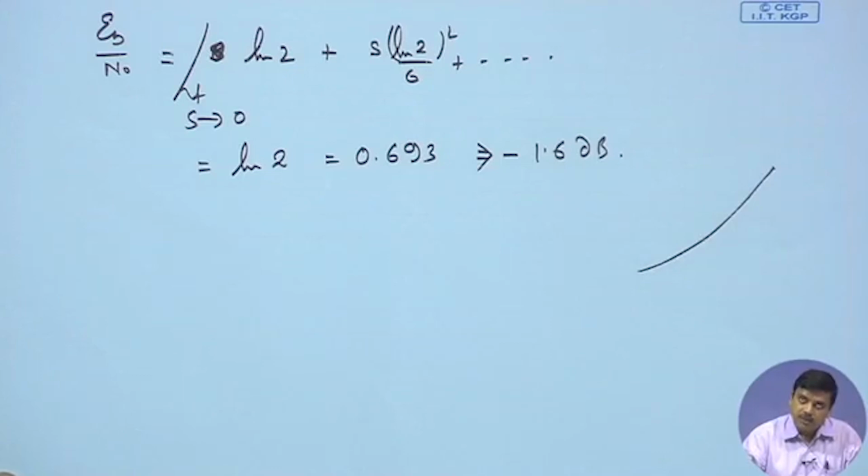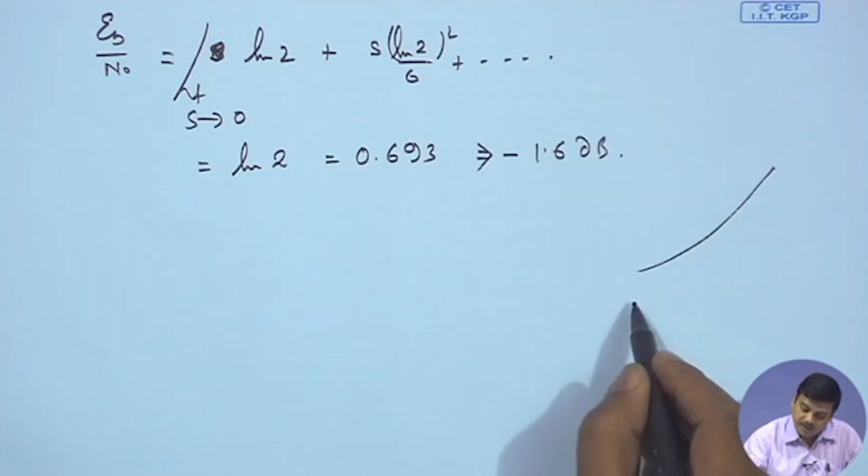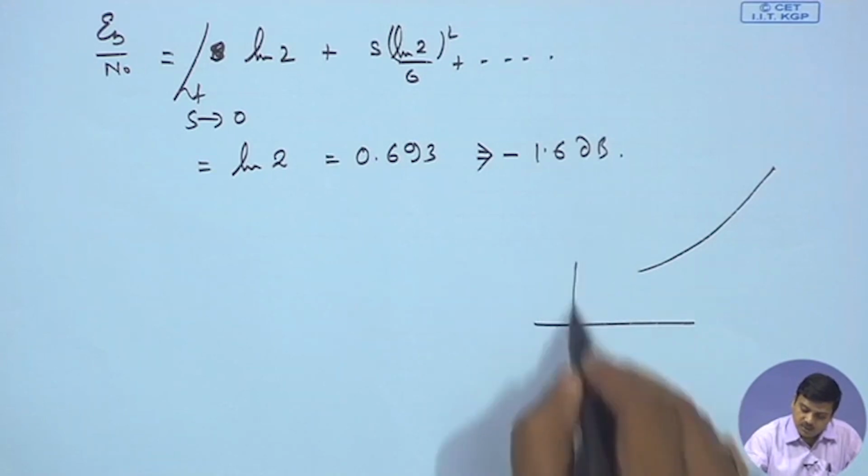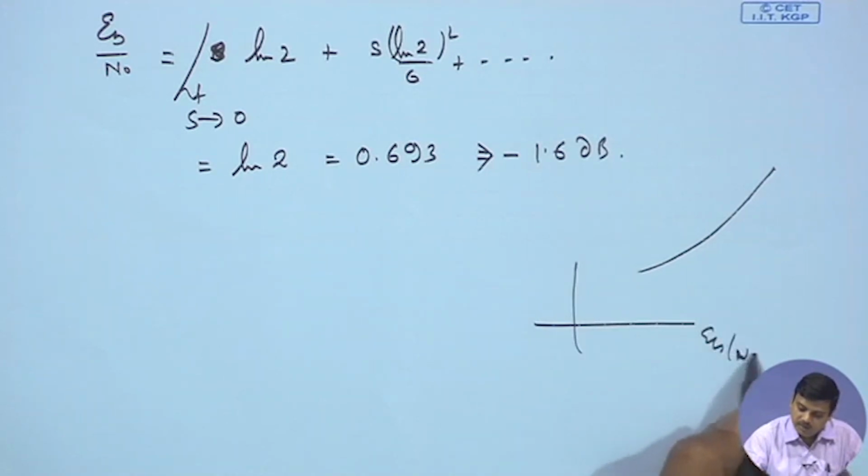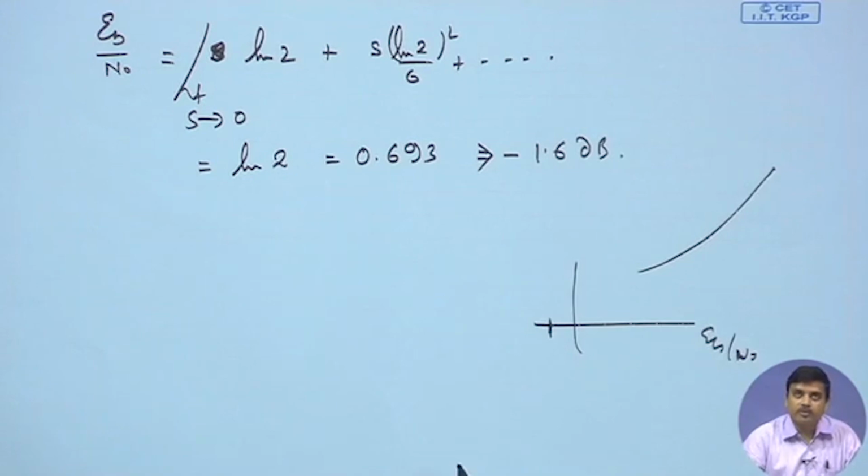Since we have seen the two situations, one is when we increase the power indefinitely, the capacity keeps on increasing, and if we keep increasing the bandwidth, then we see that there is a lower limit on Eb by N naught, somewhere around minus 1.6 dB.